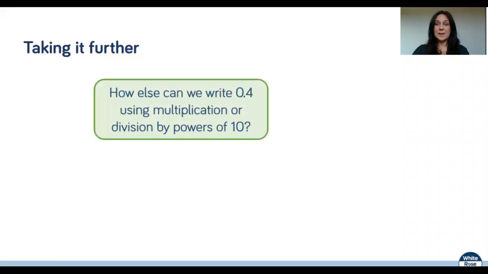Well, we could look at a question like this, which is really nice, I think. How else can we write 0.4? We could start with 4 multiplied by 0.1. We could do 4 divided by 10, 4 multiplied by 1 over 10, 4 multiplied by 10 to the power of negative 1.